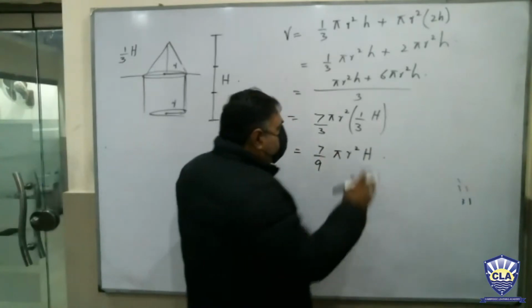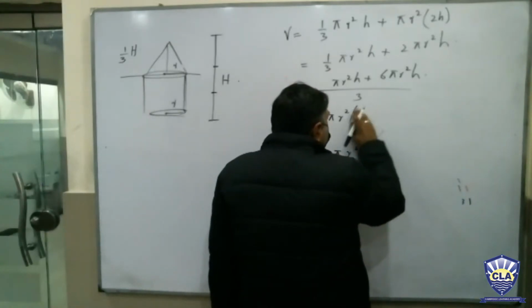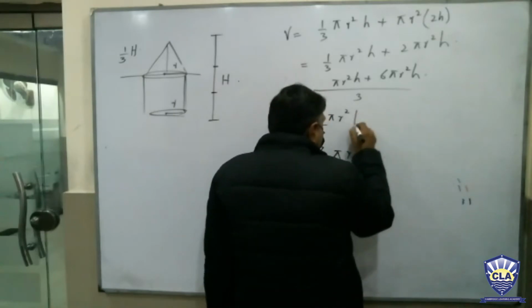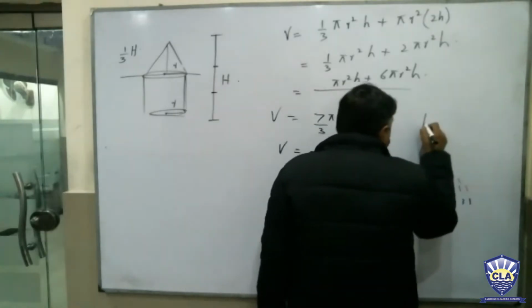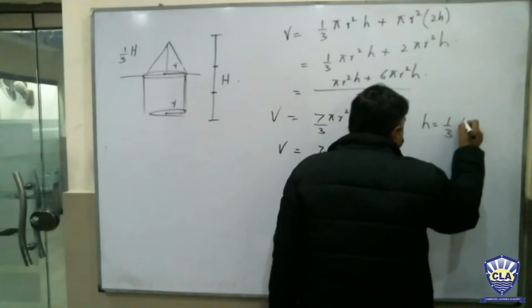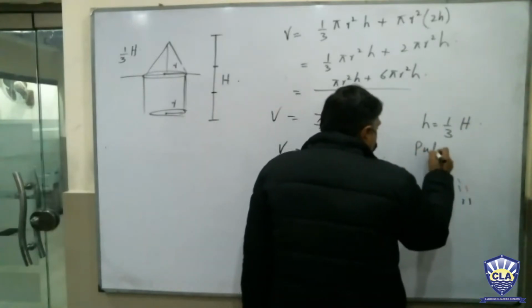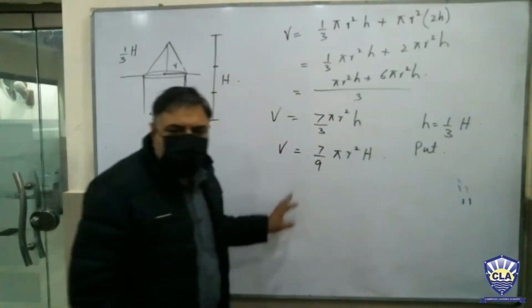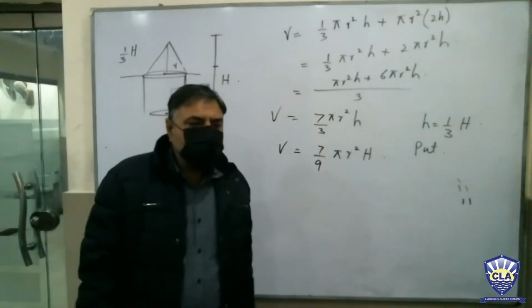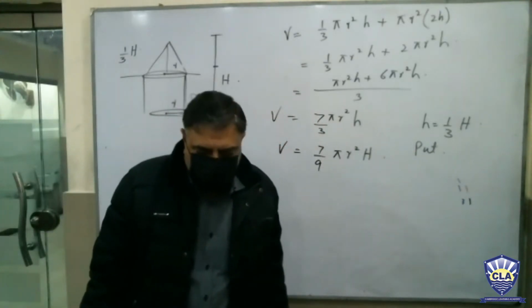At the end, let this stay as small h, then small h equals 1/3 of capital H. Put it at the end and you will get your answer. It's easy.